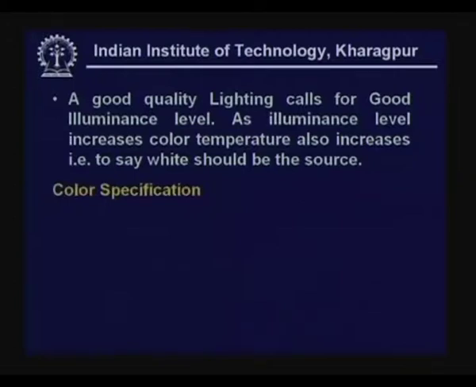Now, if that is the case, what do we do to specify the color? In fact, we have seen what the basic components in specifying a color are.